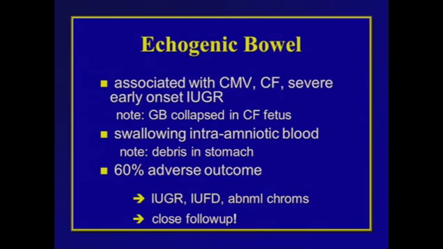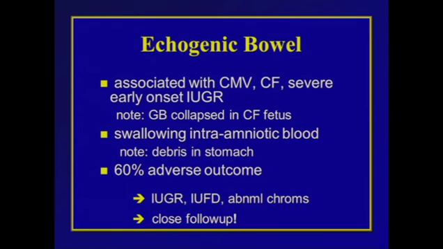Now, 60% of fetuses with echogenic bowel could have an adverse outcome, and those outcomes could include abnormal chromosomes, spontaneous IUFD, intrauterine growth retardation. So these fetuses, regardless of what the source is for the echogenic bowel, need close follow-up.